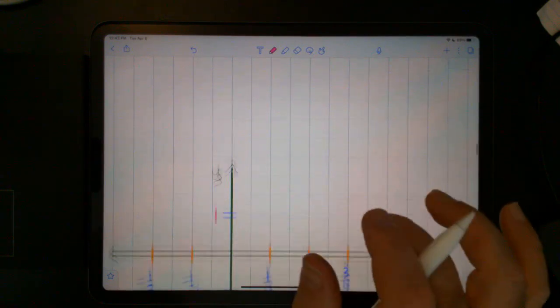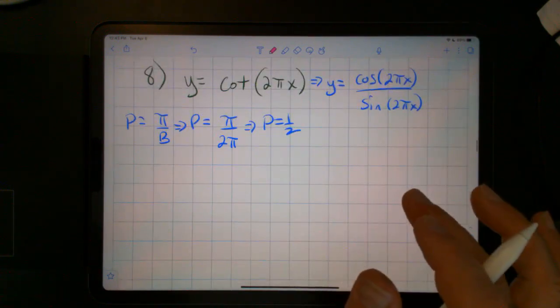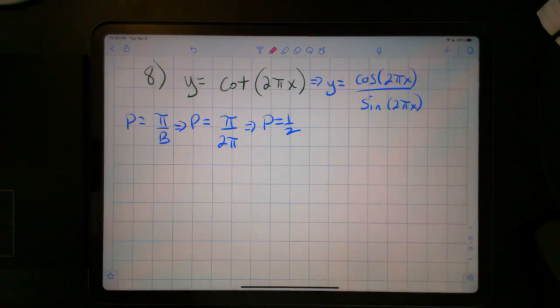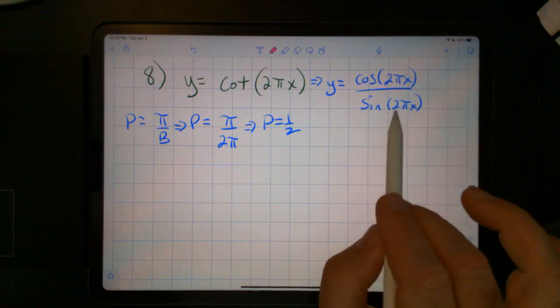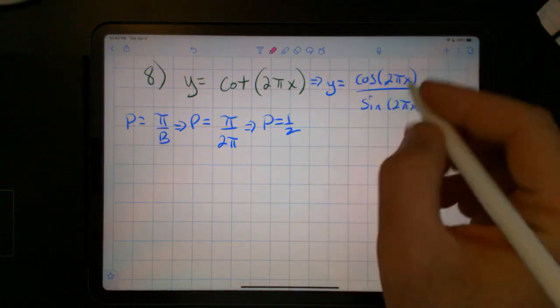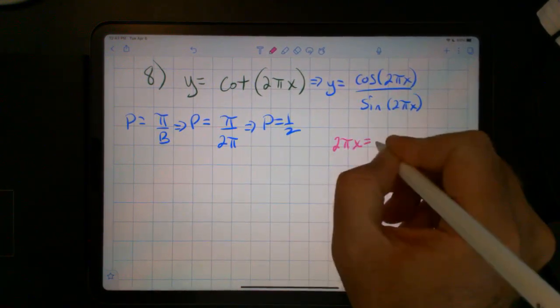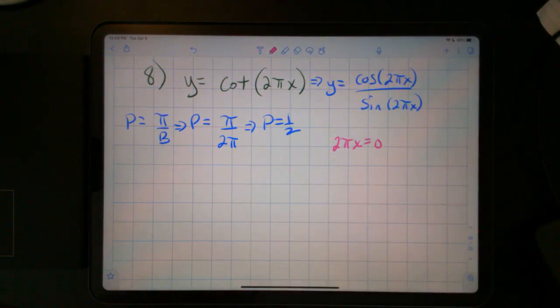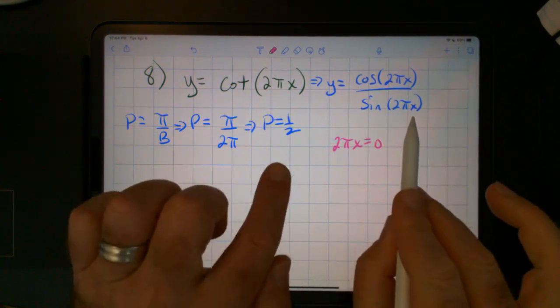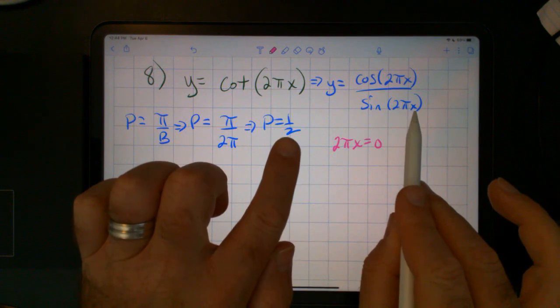And let's go for the asymptotes. We're looking for when 2 pi x equals 0, because sine of 0 is 0. It tells us that x is 0. At x is 0, we have an asymptote.